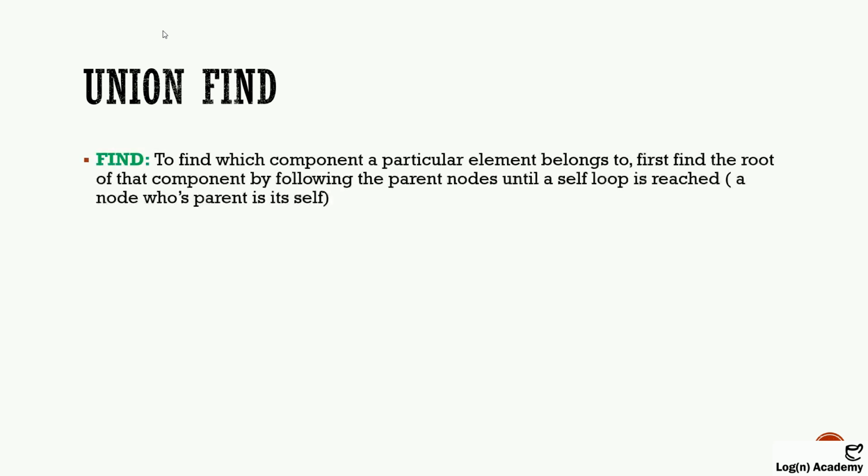Now let's look at some definitions. To find which component a particular element belongs to, first find the root of that component by following the parent nodes until a self loop is reached.